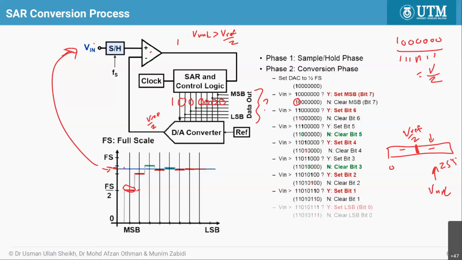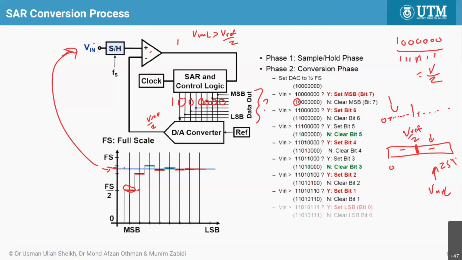Okay, need to repeat. If your voltage is below Vref by 2, the bit will be 0 and dash dash dash. You don't know the rest yet. If your voltage is higher than Vref divided by 2, you would know the first bit will be 1 and then something like that.